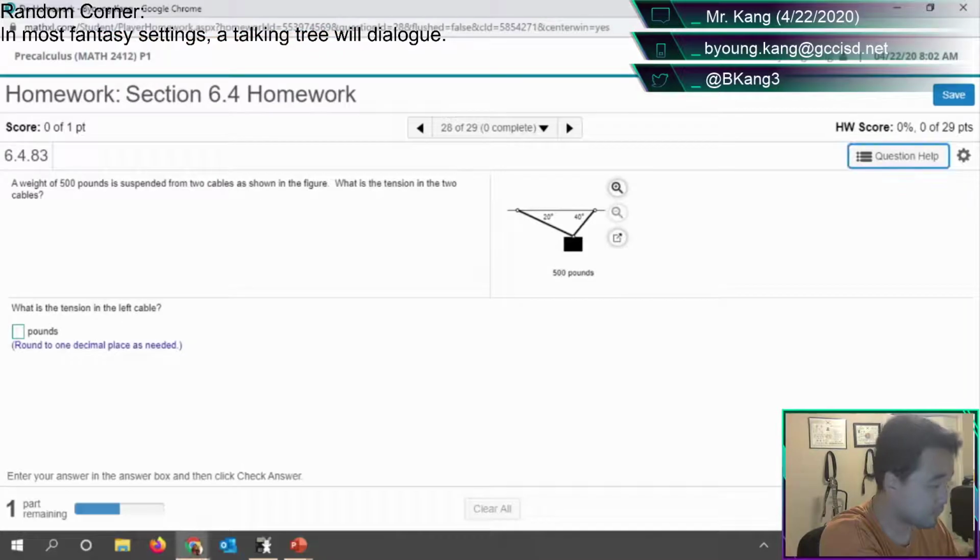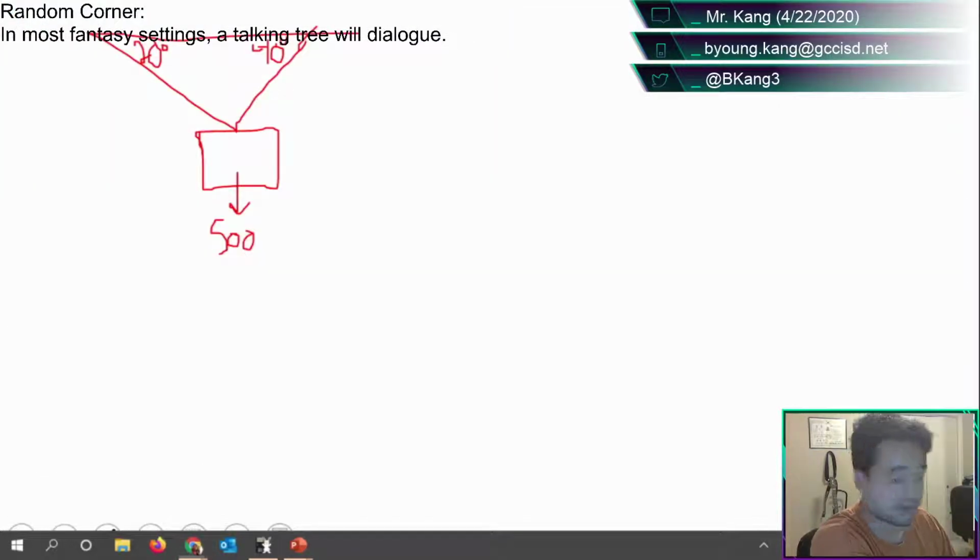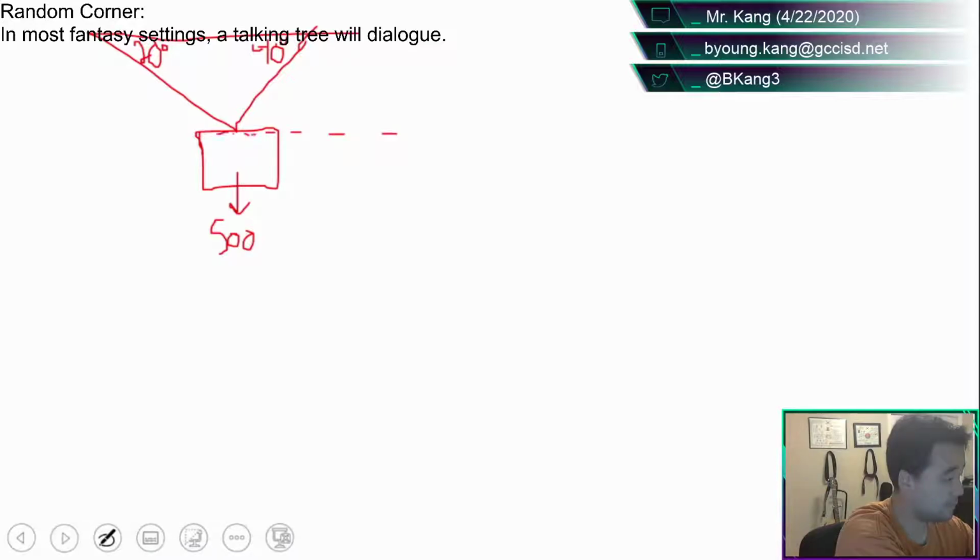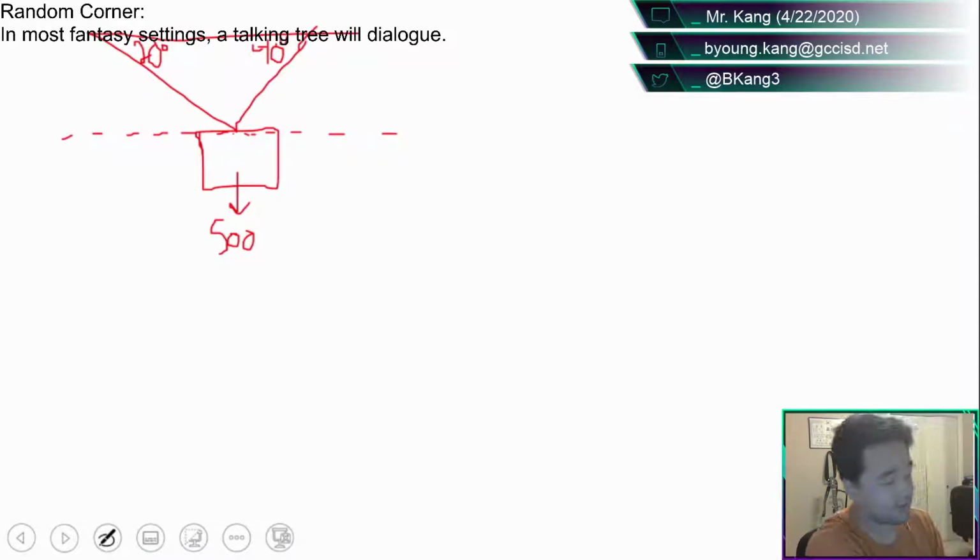Alright, so those are my numbers. Now, there is a quote-unquote imaginary hidden plane here. So they're asking you what is this tension on the left rope T1 and what is this tension on the right rope T2.